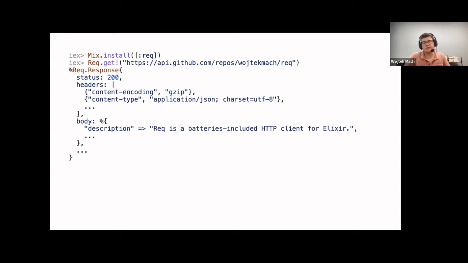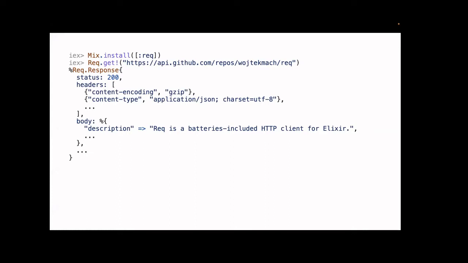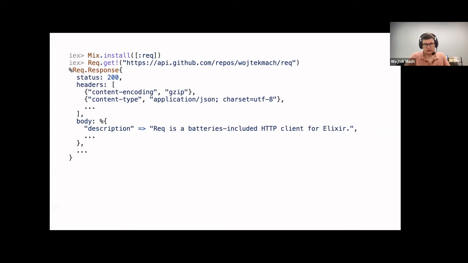They would only do that when asked to, when the clients set the accept-encoding header. So Req does set that header. The idea is that Req is pretty opinionated. It has particular defaults, which you can opt out of if you want. So in this case, Req would set the accept-encoding header, the server will compress the response, and Req will automatically decompress it.